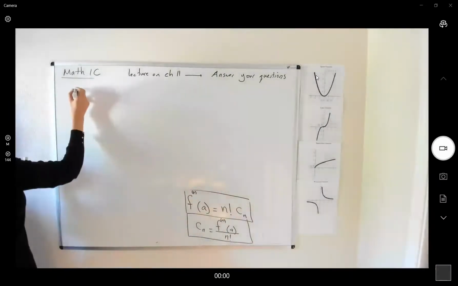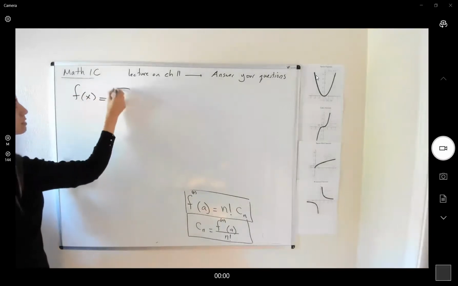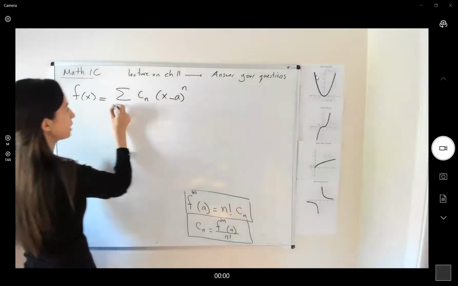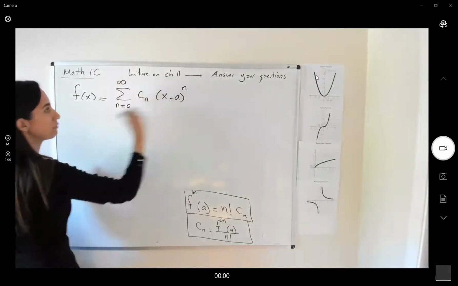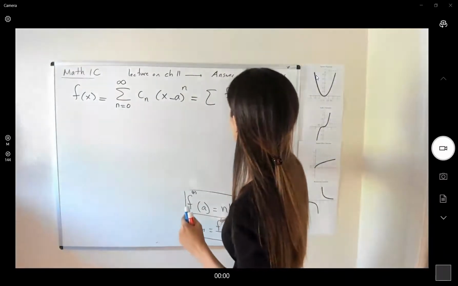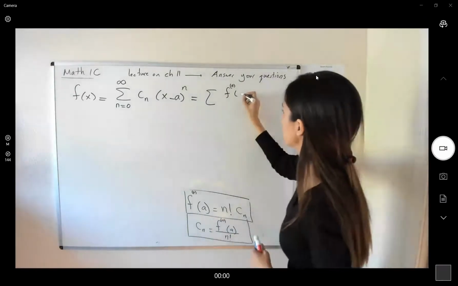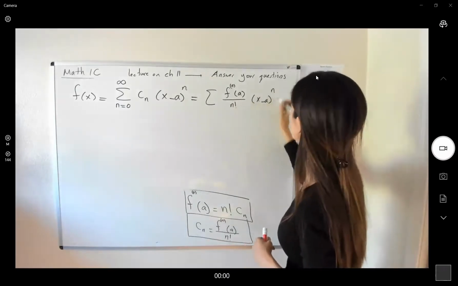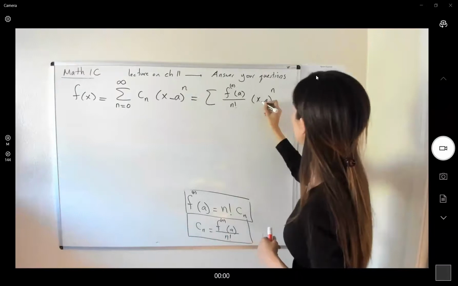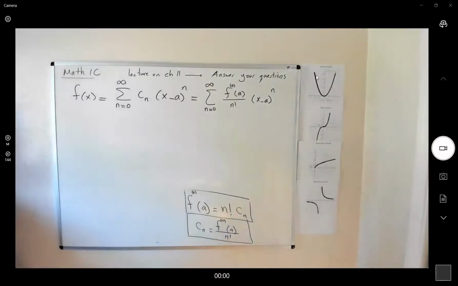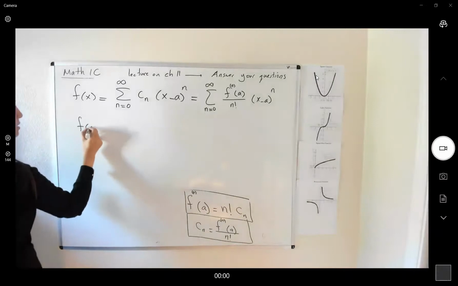So our power series f of x is defined as the sum of c sub n times x minus a to the n, where n starts from 0 and goes to infinity, which can now be written as the sum of the nth derivative of the function at a divided by n factorial times x minus a to the n, with n from 0 to infinity. So you can write f of x this way.